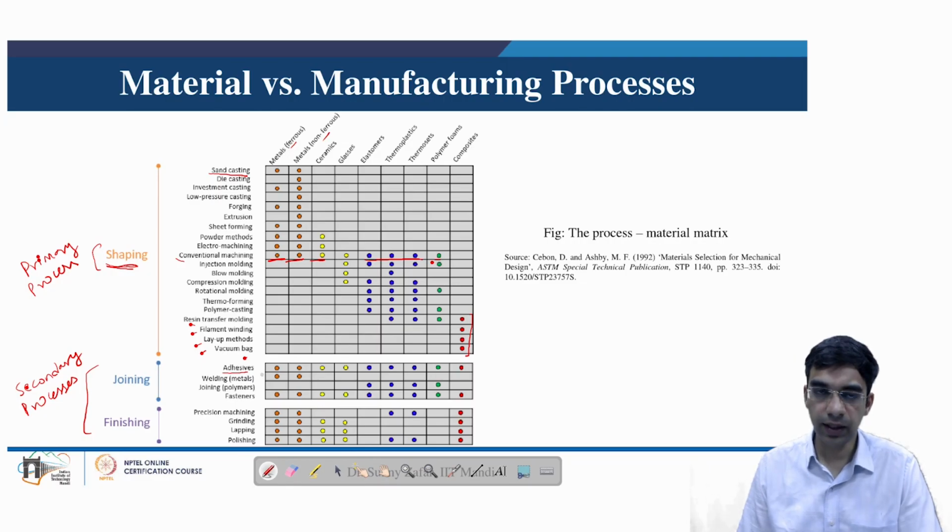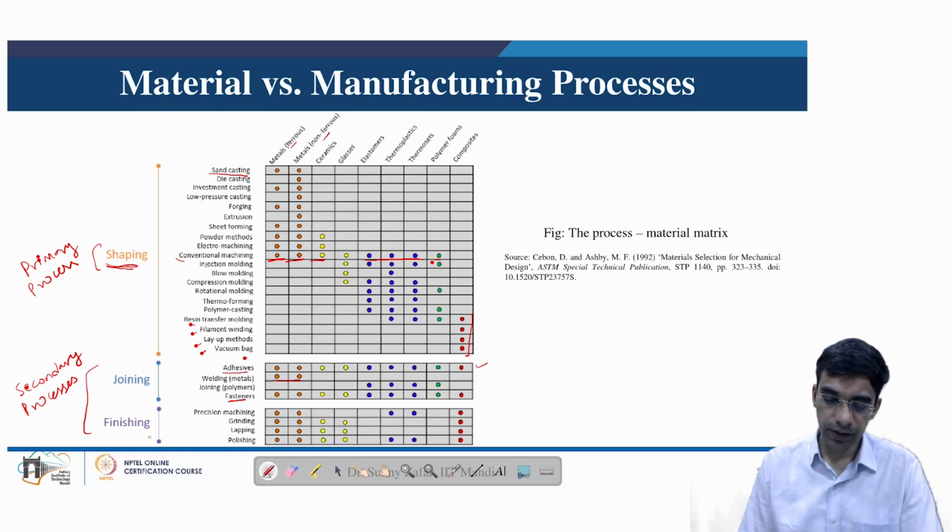So adhesives are very versatile. We can see they can be used for all classes of engineering materials. But welding, fusion welding, is only suitable for metals. So fusion welding is not available in any other class of materials. Similarly, fasteners are also very versatile. Fasteners can be used to fasten any class of engineering materials, starting from metals up to ceramics, polymers, etc.